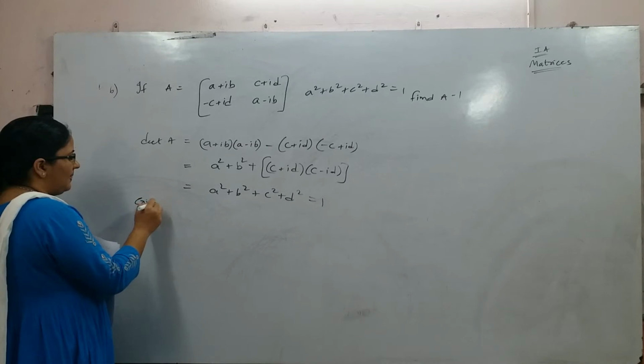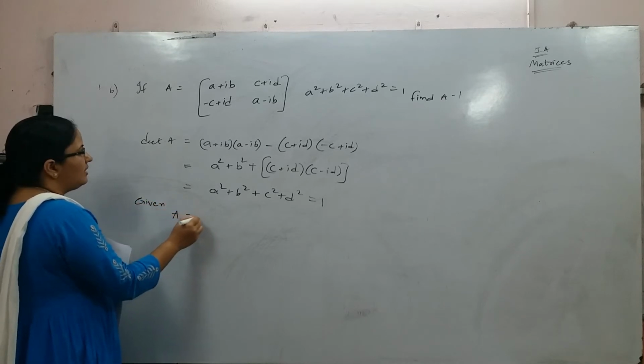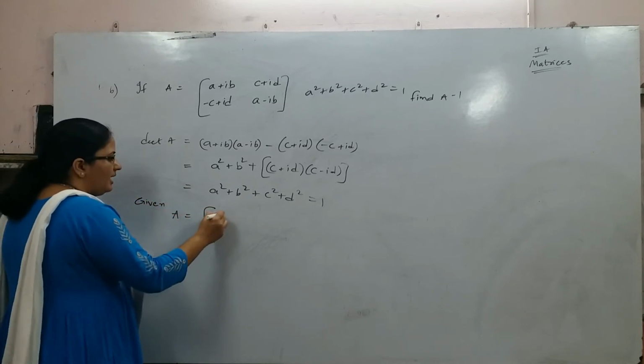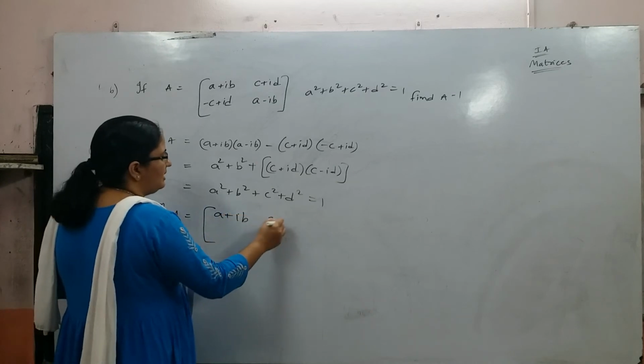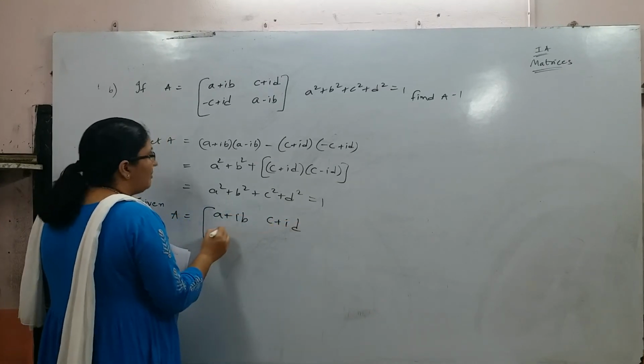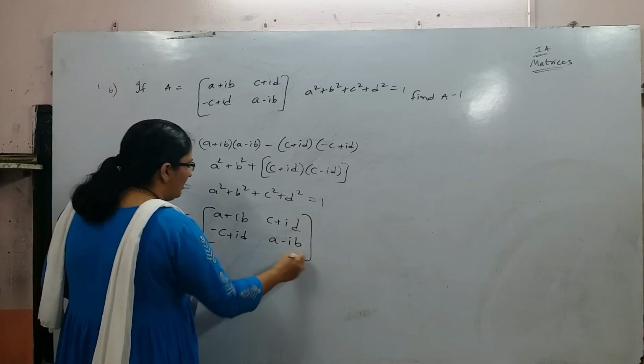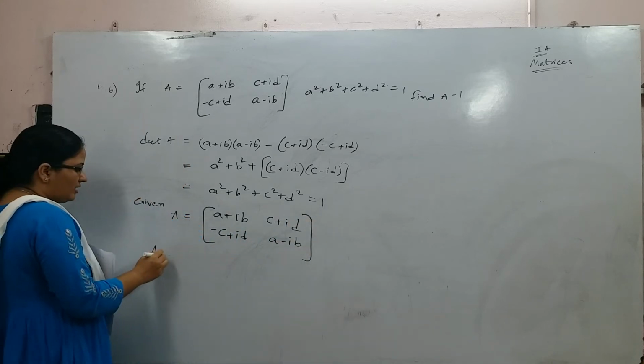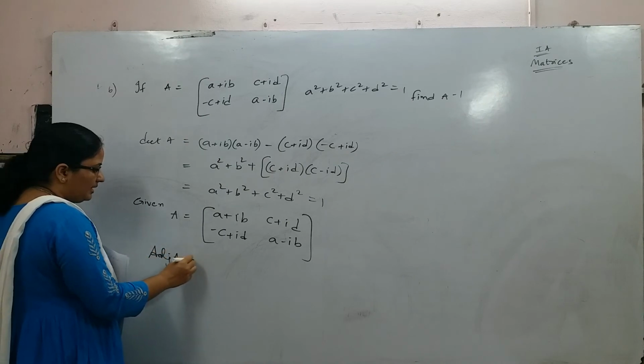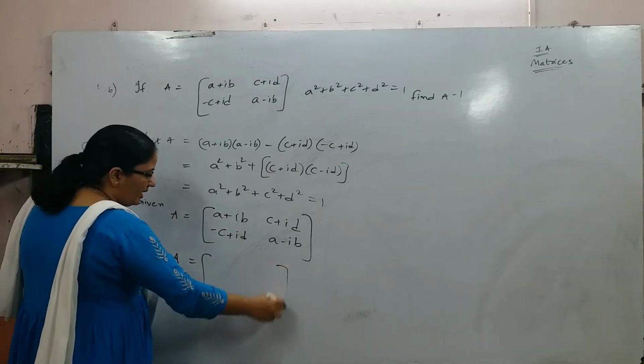Given matrix A is equal to a plus ib, c plus id; minus c plus id, a minus ib. Adjoint of A. How to get the adjoint of A?